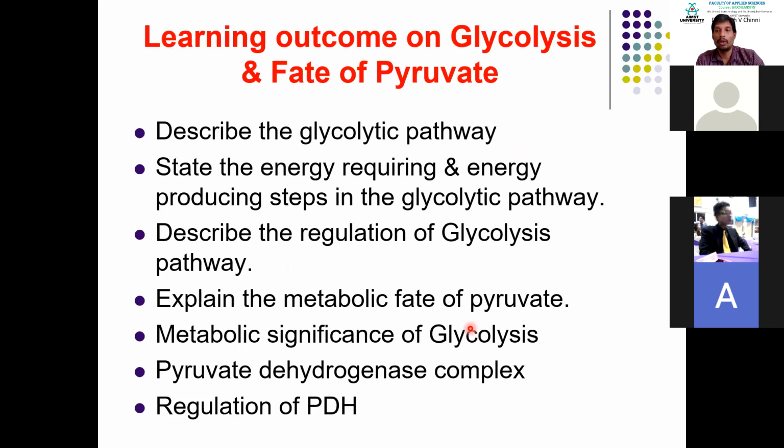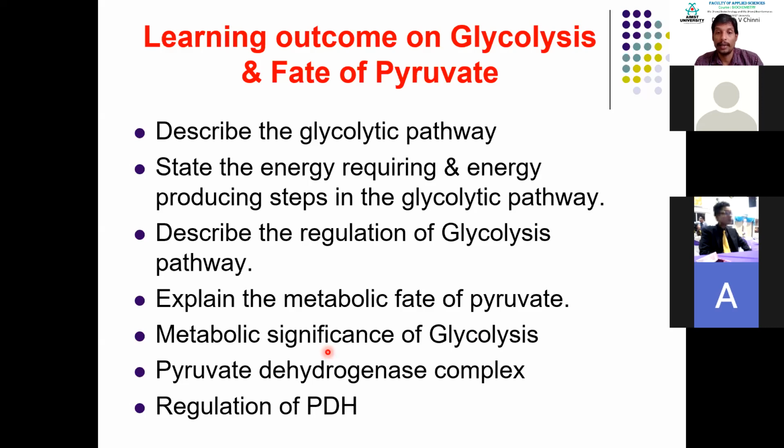So this is the outcome of today's topic. If you summarize the whole thing, you should be able to describe the glycolytic pathway, the energy requiring and energy producing steps of the glycolytic pathway, describe the regulation of glycolysis, and the metabolic fate of pyruvate. Apart from that, the metabolic significance. Just now we saw one of the metabolic significances, the role in respiration, carrying and releasing oxygen to the tissues.